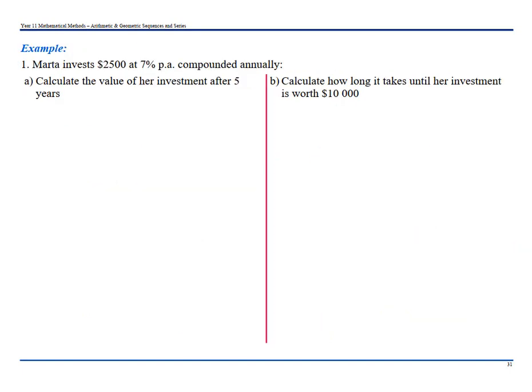So let's look at an example. Marta invests $2,500 at 7% per annum compounded annually. So we could use our compound interest formula, which is A equals P(1 plus R) to the power of n. Our P is 2,500, our R is 0.07, and our n is 5.